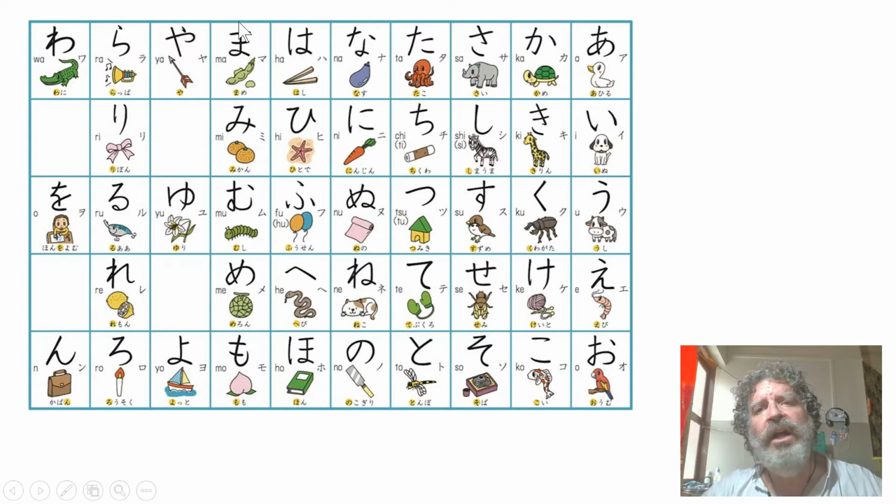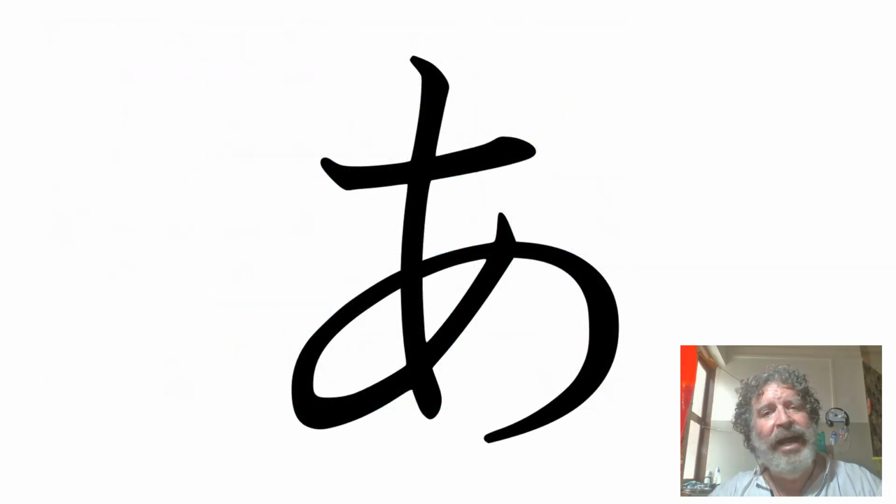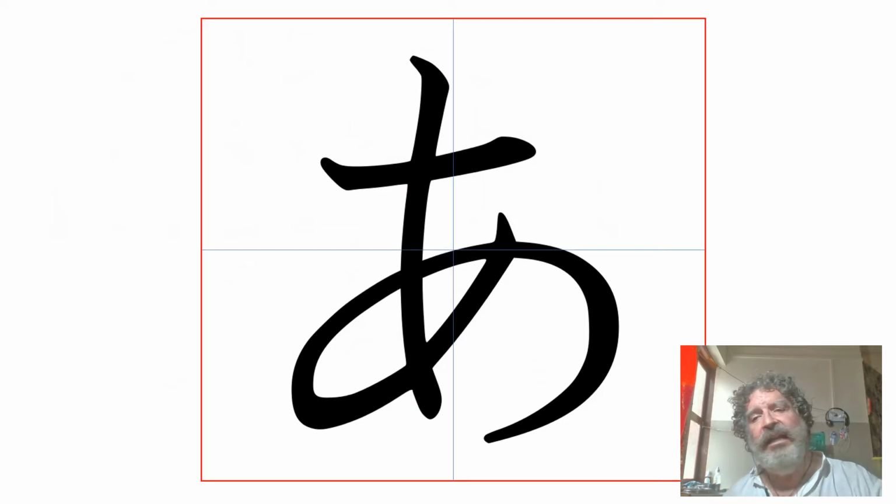So let's go on and learn how to write the A. This is the letter A. And as I told you before, it's always written inside a square. So we need to nicely proportion it.